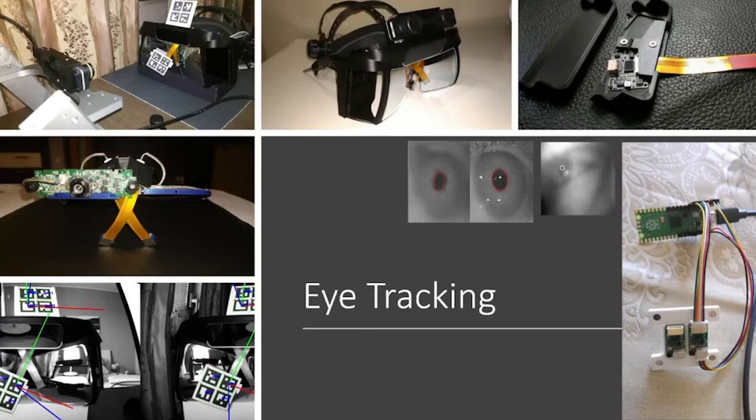So the very first thing I did is over here: I created a custom eye tracking setup which wasn't made for the Project North Star integration, but I selected the camera placement which I later also applied to the Project North Star.